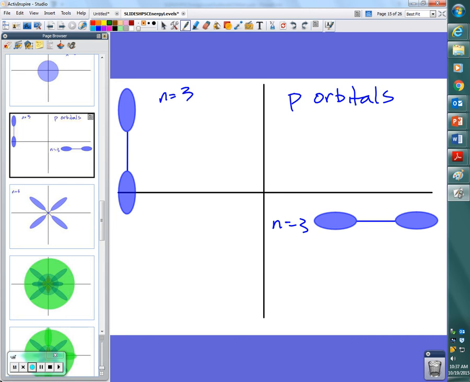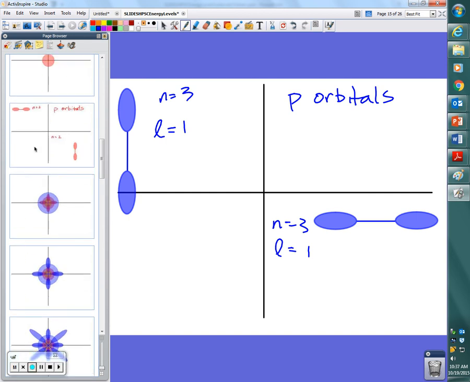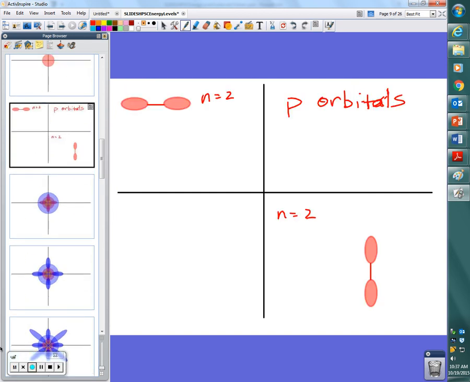They're figure 8 shaped, but they're in the previous principal energy level. But because they're p orbitals, L equals 1. Okay? These are p orbitals. And that means L equals 1. Okay? Good there?